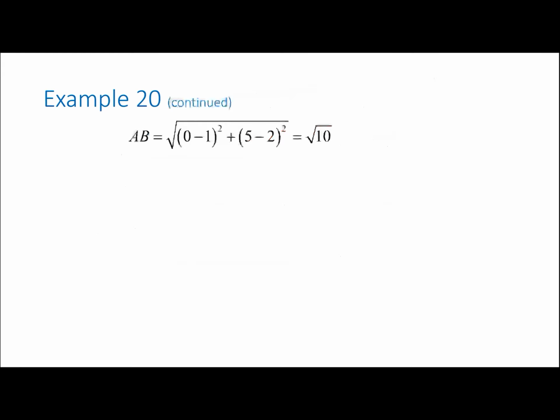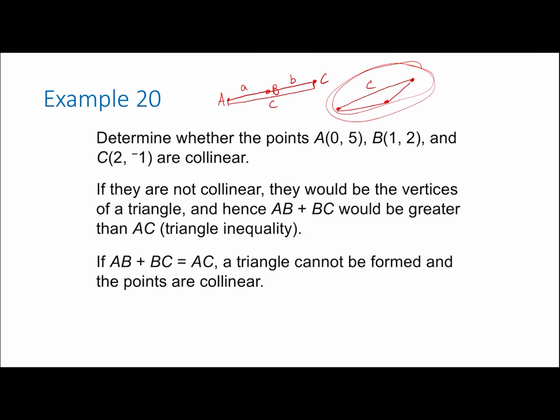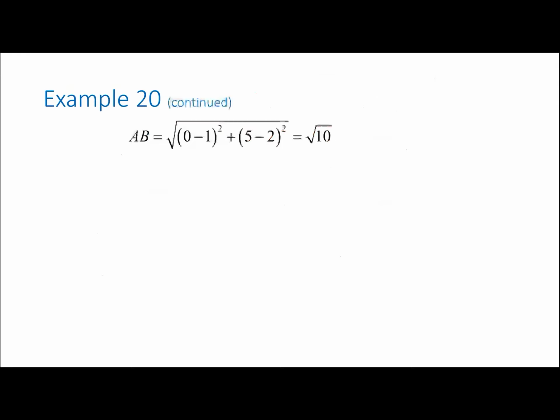So if you take those values, (0, 5), (1, 2), and (2, -1), those are the ordered pairs we're using, and you put those in, again, using our distance formula. What would happen here, just as a little additional info, 0 minus 1 is -1 squared, which is 1. 5 minus 2 is 3 squared, which is 9. 1 plus 9 is 10, and so that's where that 10 comes from.